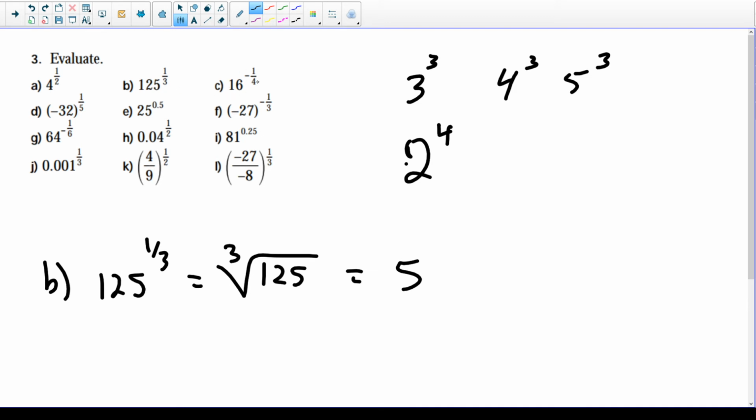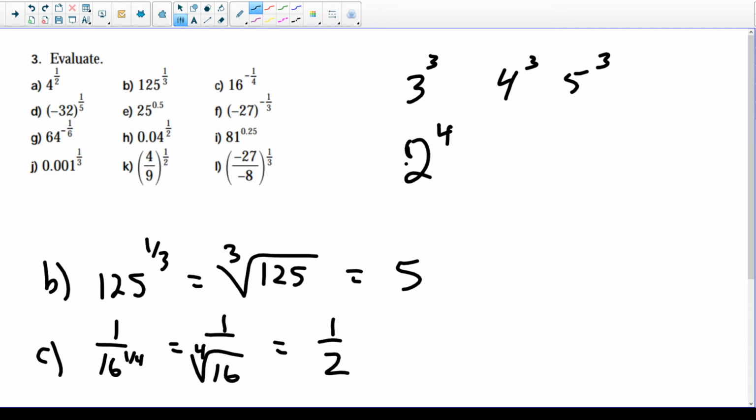Now for 16 to the negative 1/4, how quickly can you flip that upside down in your head and do the fourth root of 16? The fourth root of 16 is 2, so that becomes 1/2. It isn't a negative 2. When we flipped it upside down, the power became positive 1/4, right?